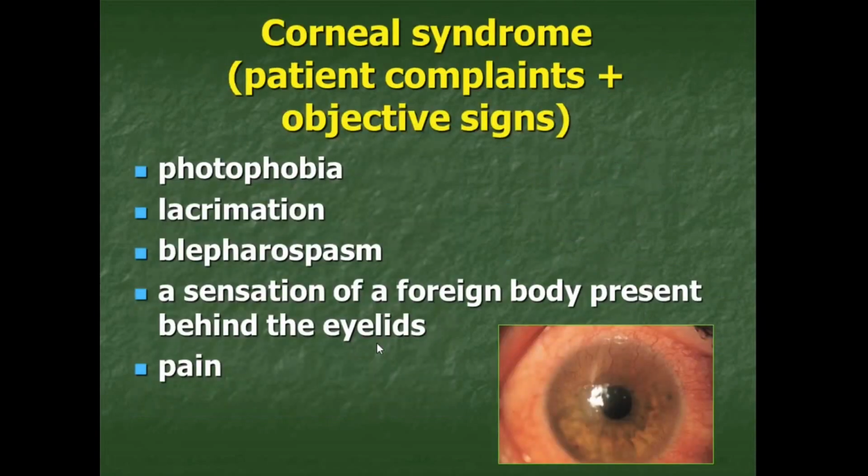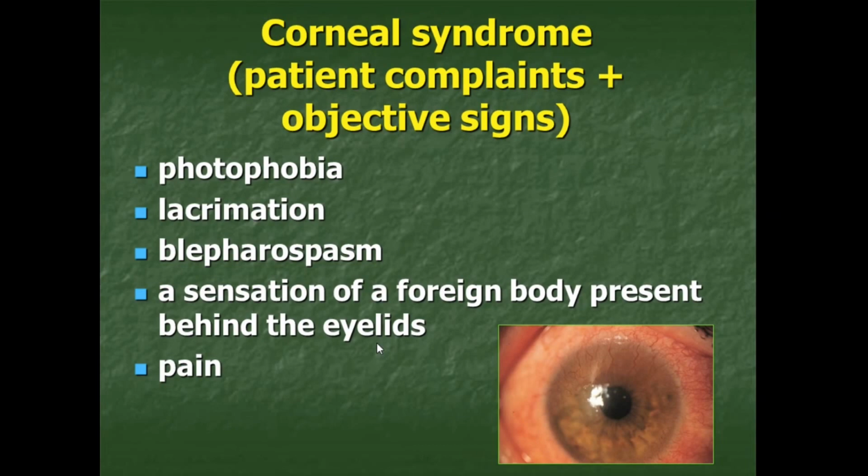Okay, we have already mentioned the objective signs of keratitis, and now we should speak about complaints of the patient. A patient usually complains of photophobia. Photophobia is when the patient can't bear the light. Lacrimation or tearing, blepharospasm when the patient can't open their eye, sensation of a foreign body, and pain.